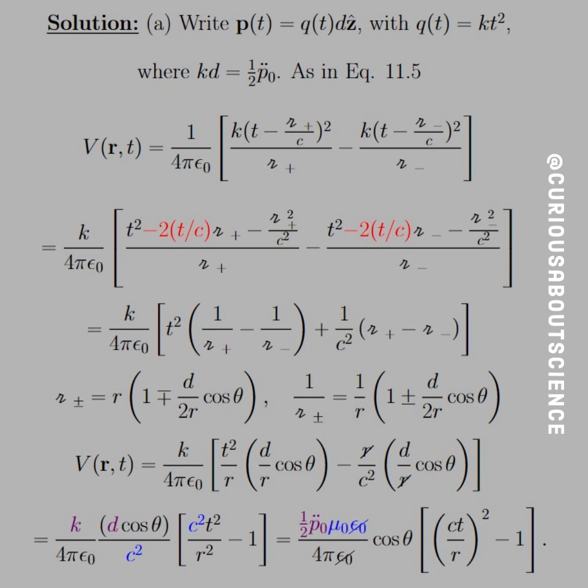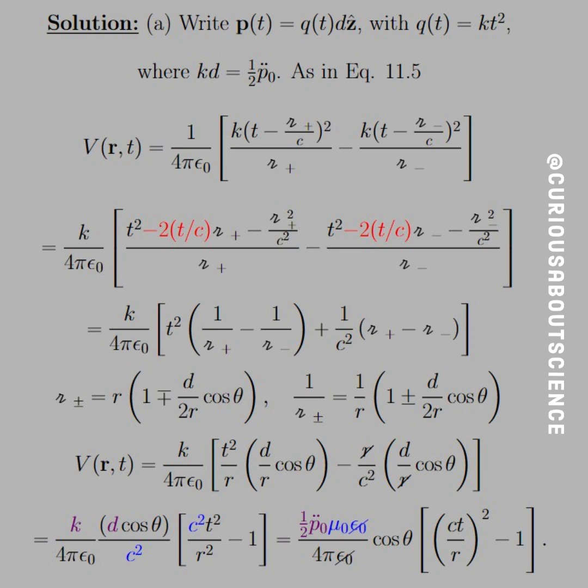Okay, cool. We've seen that approximation before, and quite recently at that, in question 24. So if we plug all these things in and see what cancels or what combines, you see we get a combination here of 2d over 2r, so we're only left with d over r cosine theta for the t squared term.